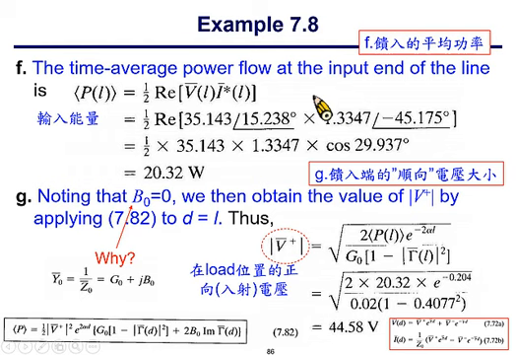So here is the time average power delivered to the transmission line circuit, which is 20.3 watts. And here is the round-trip attenuation.